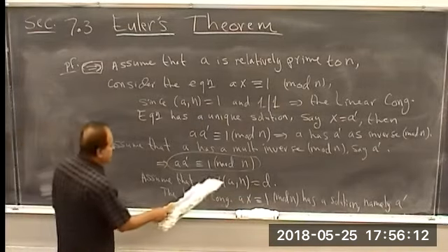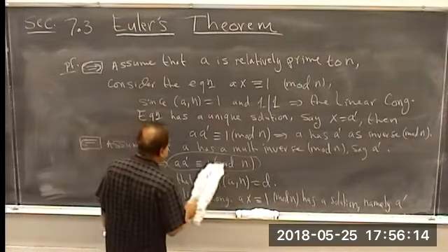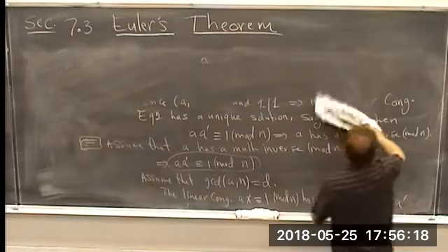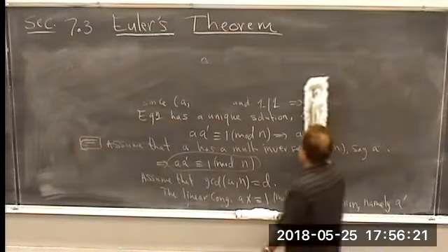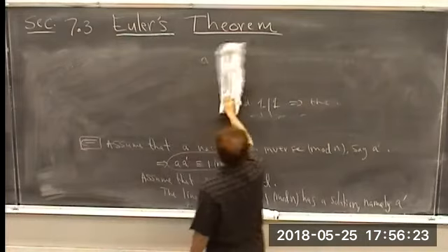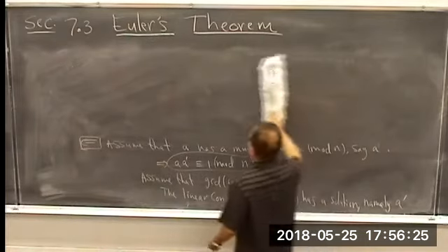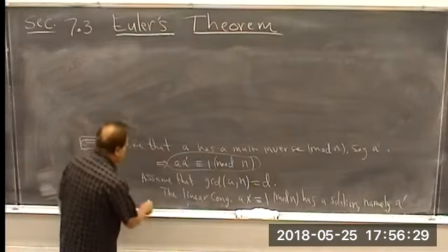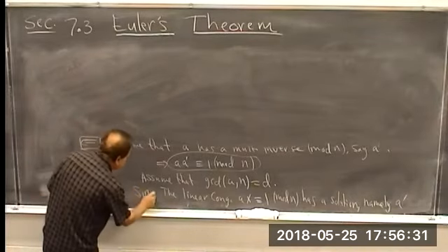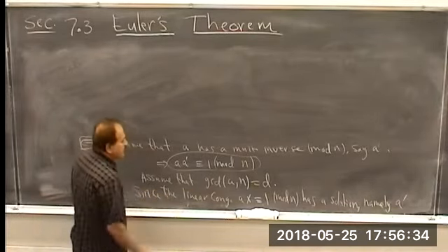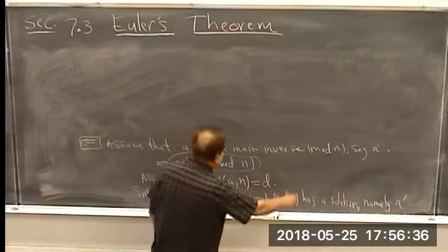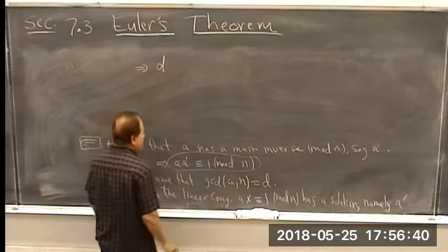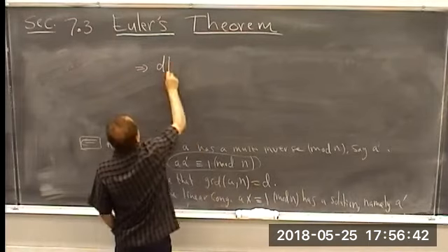This d, which is the greatest common divisor of a and n, must divide the right-hand side of the equation. All right? This is back in chapter 2. Since the linear congruence has a solution, this implies that d, the greatest common divisor, must divide 1.